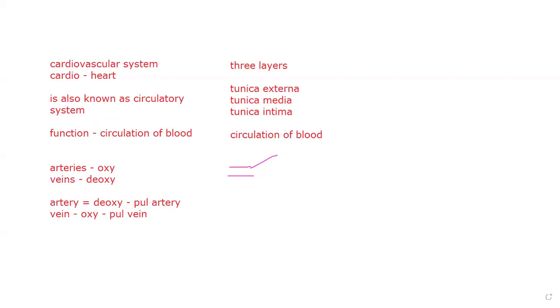First of all, arteries are divided into arterioles. Arterioles are divided into capillaries. Capillaries are divided into venules. Venules form veins. In this way, the blood will be flowing: arteries, arterioles, capillaries, venules, and veins.